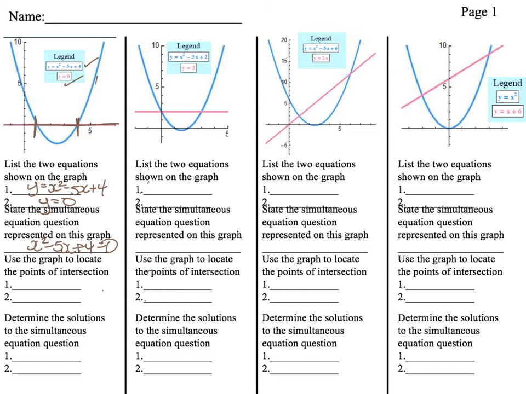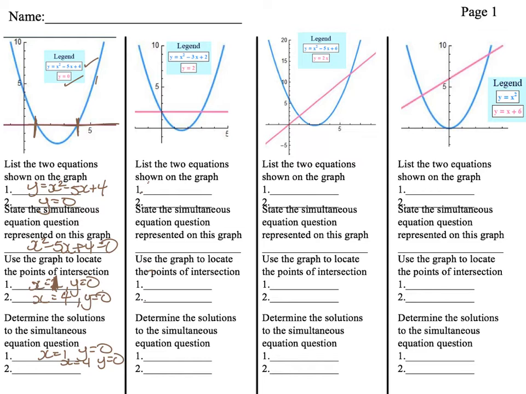That will be when x is 1, y is 0, and when x is 4, y is 0. So the solution to the simultaneous equation is x equals 1, y equals 0, and x equals 4, y equals 0.